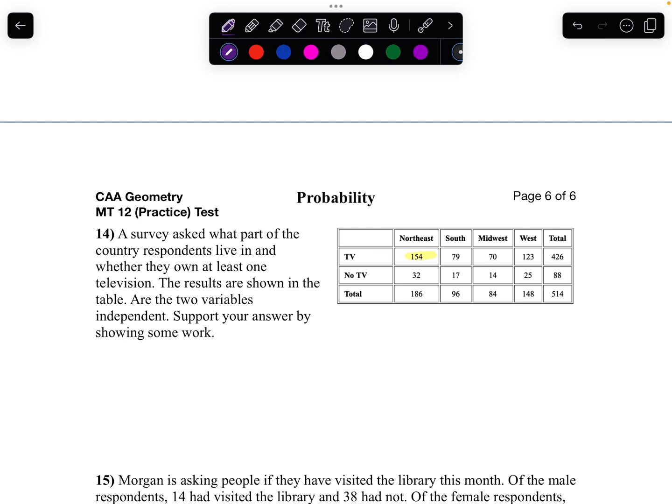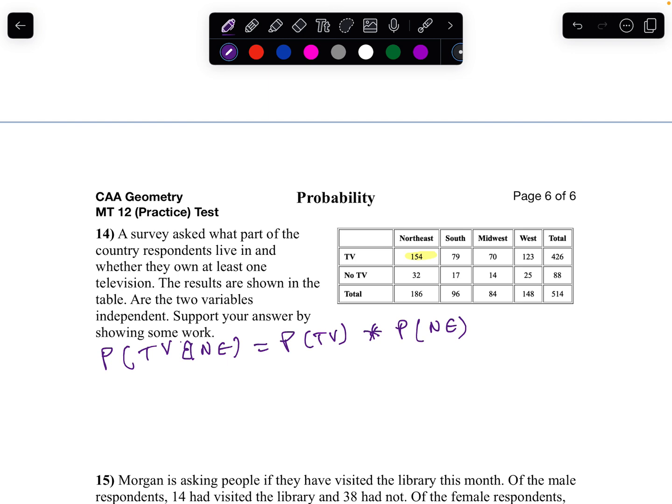So to be independent, the probability of being from the Northeast and watching TV or having a TV, if it's independent, will equal the probability of having a TV times the probability of being in the Northeast.